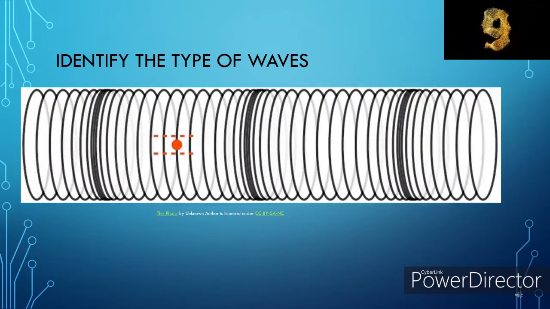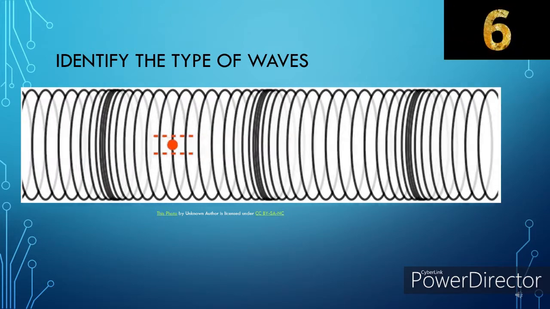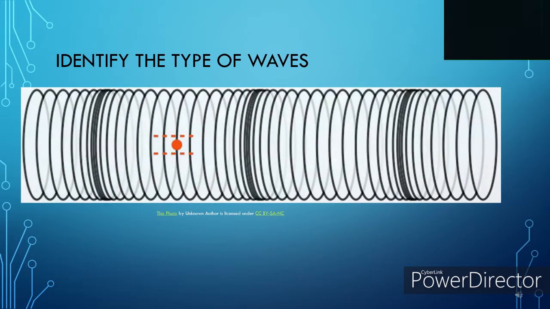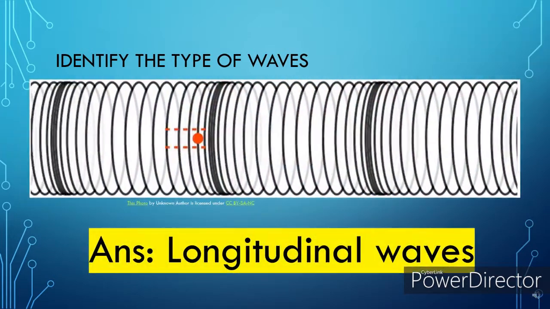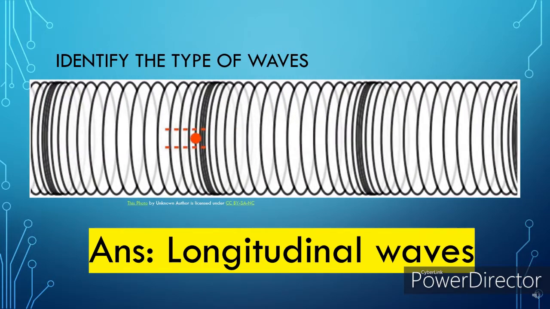Identify the type of wave shown in the illustration. The correct answer is longitudinal waves.